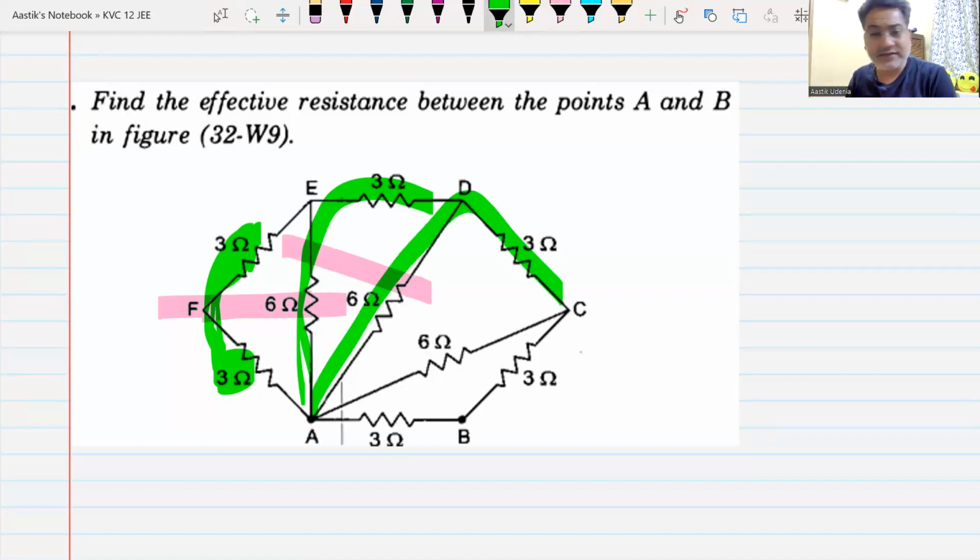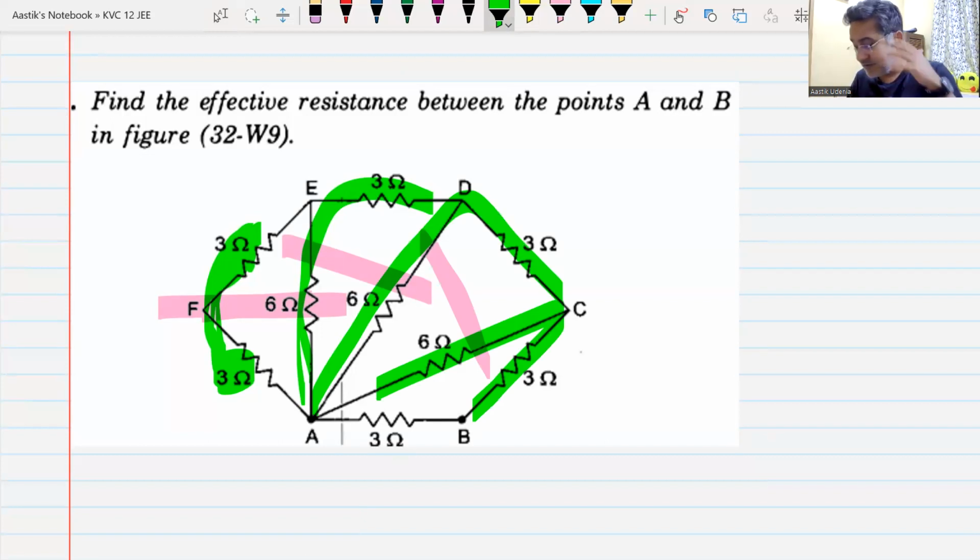This repeats once more. Finally 3 and 3 in series becomes 6, and this 6 is in parallel with this 3. 6 and 3 in parallel, the answer becomes 2 ohms. So the answer for this one is 2 ohms.